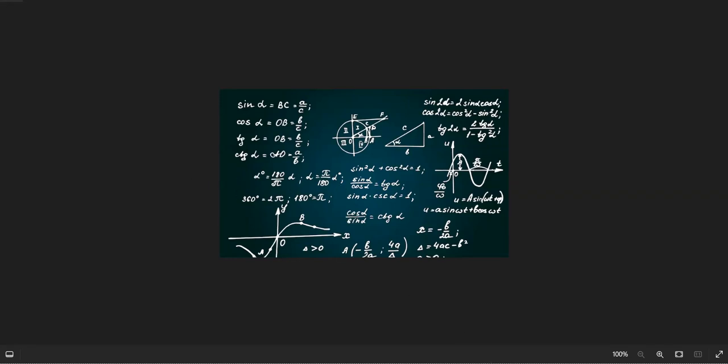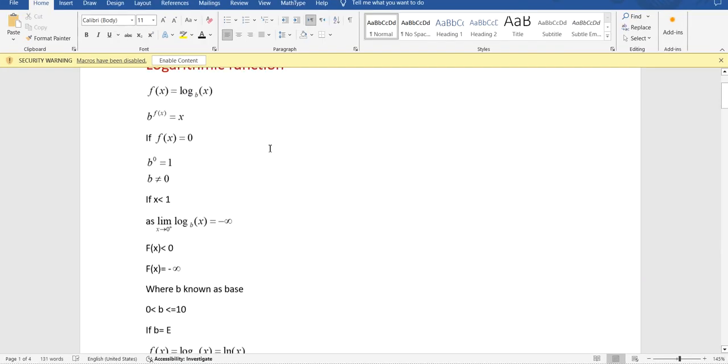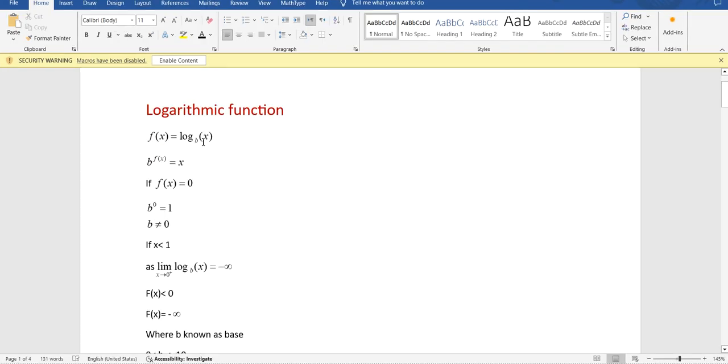Here we go again. Today I'm gonna explain one of the most important topics in mathematics, the logarithmic function. What's the logarithmic function? It's log with a base b of x, where the logarithmic function is the inverse.